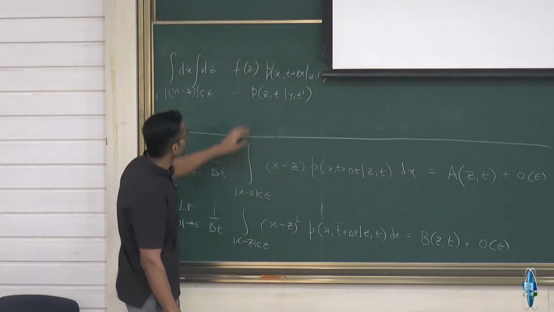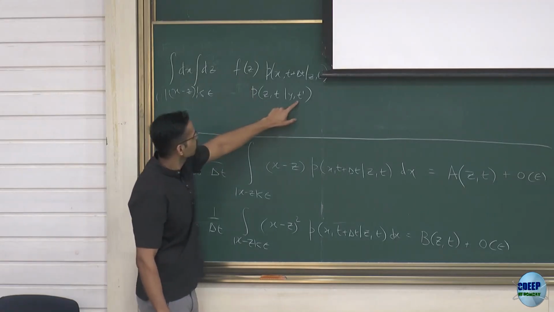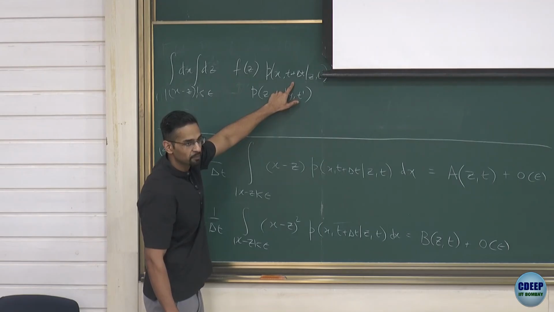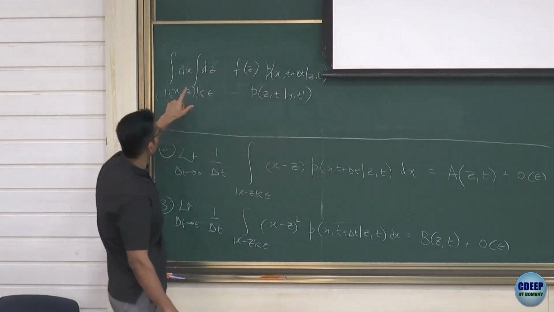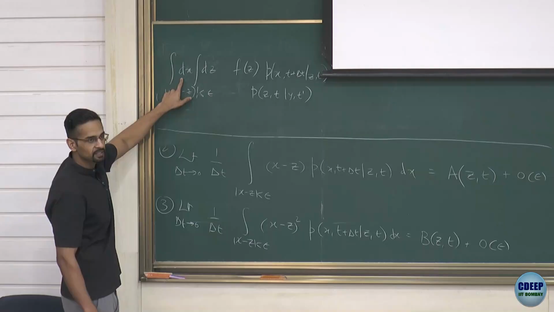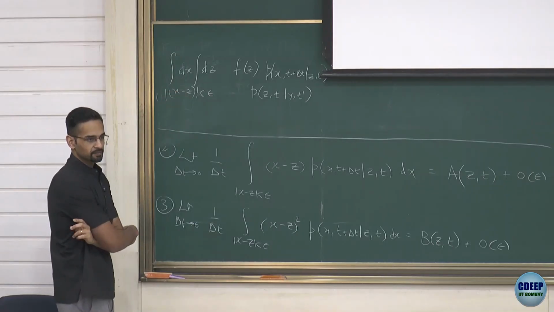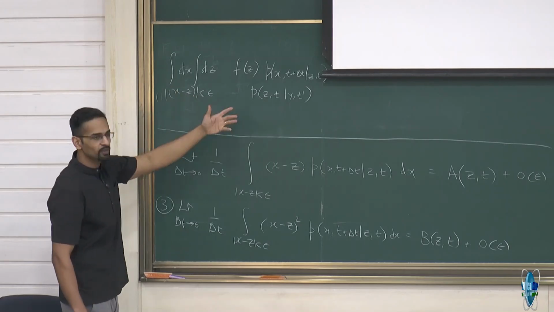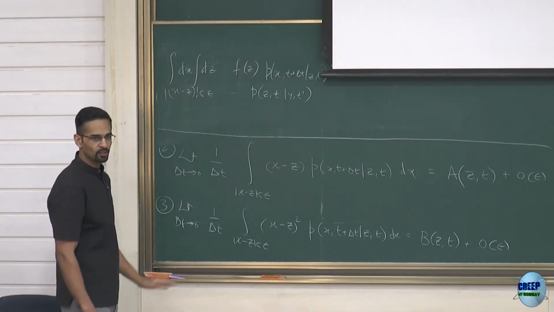And now if we look here, we have f times the transition from t prime to t. The problem is this transition probability. Right? But notice what I have here. I have an integral over x. Yes, and whether this is less than epsilon or taken over the whole thing doesn't matter because anyway nothing contributes.